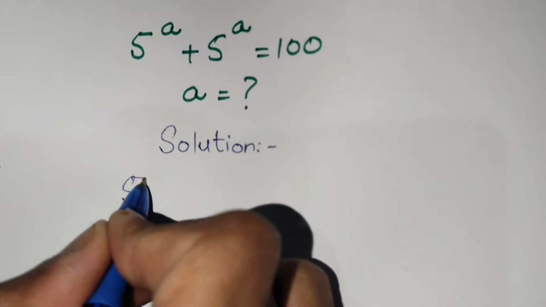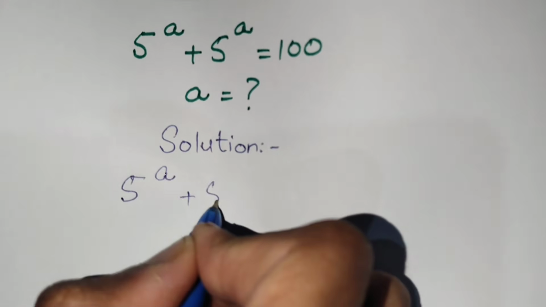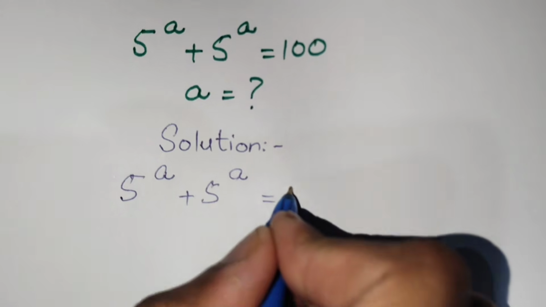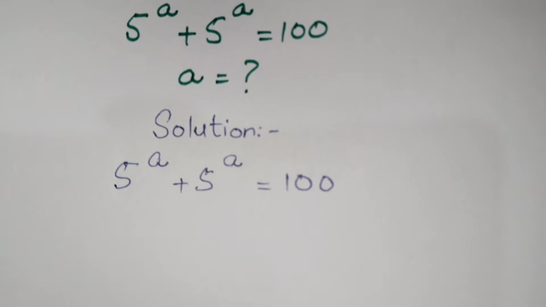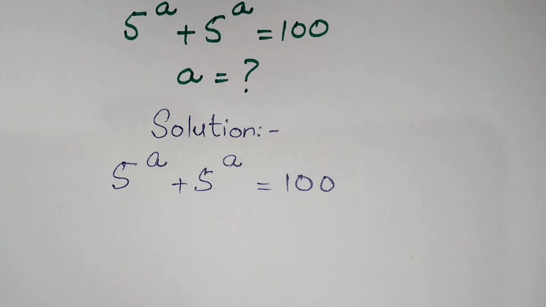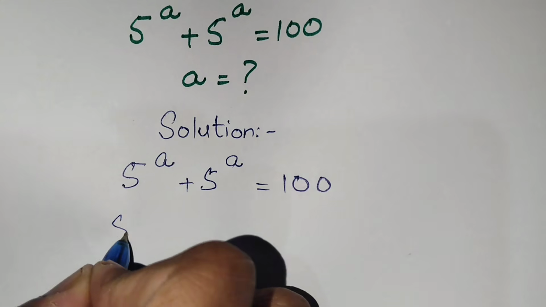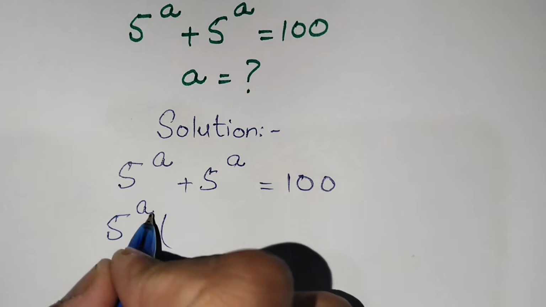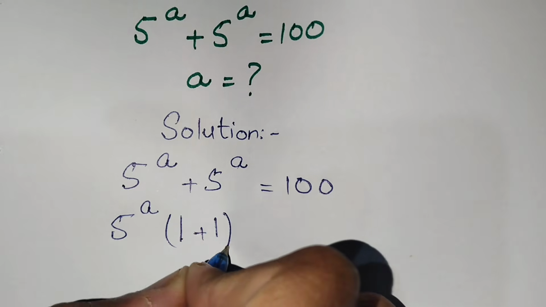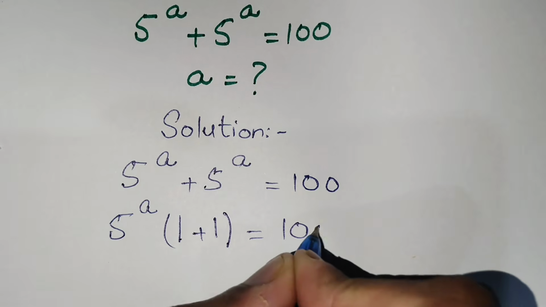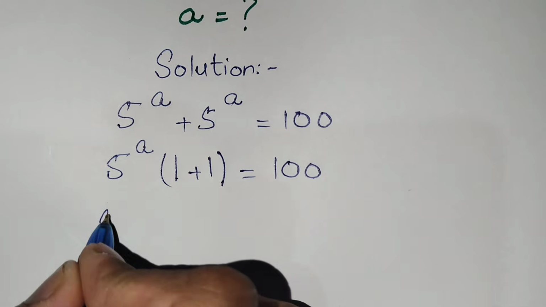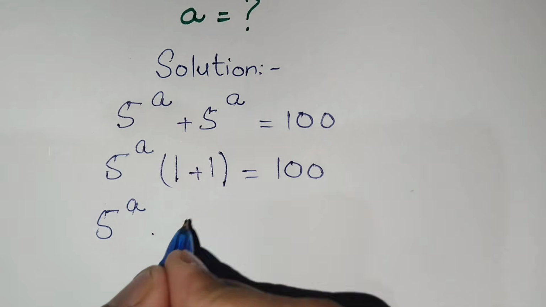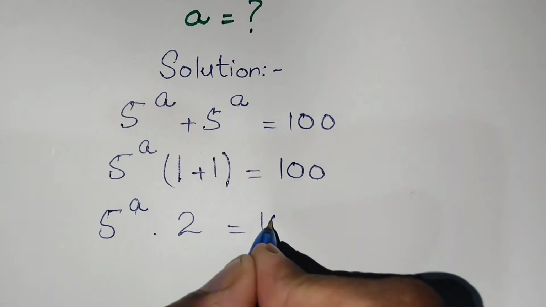We are given 5^a + 5^a = 100. If we take 5^a common, then it will be 5^a times (1 + 1) = 100, or 5^a times 2 equals 100.